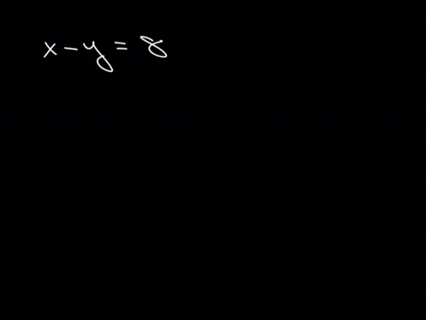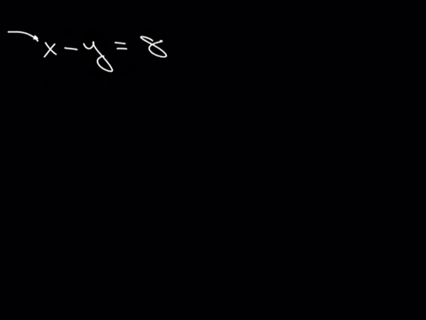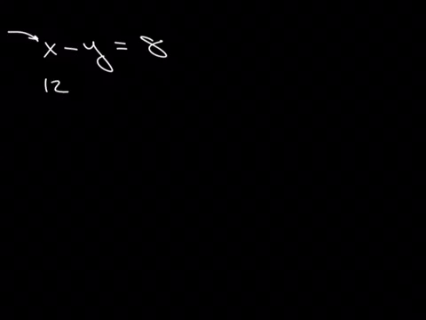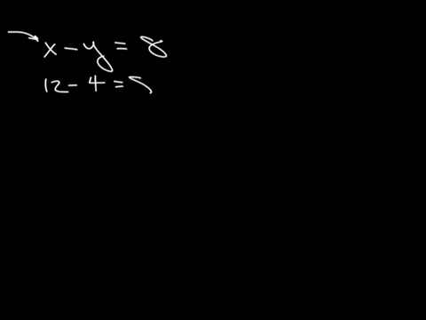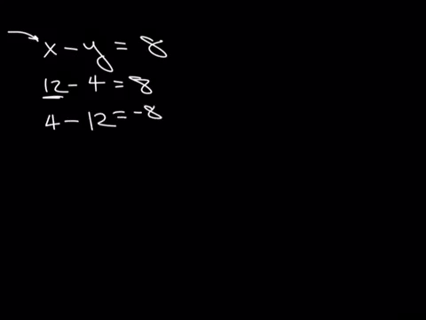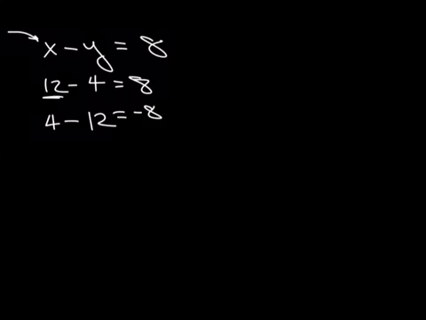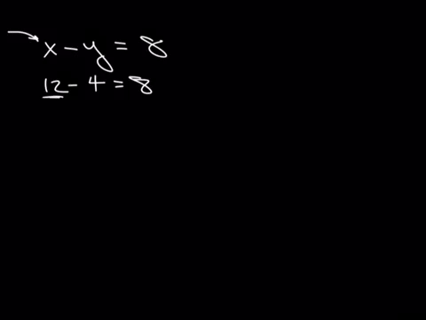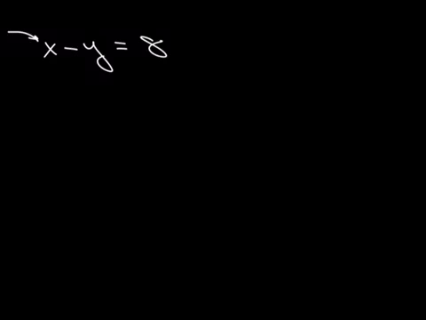If I made the second one larger, I'd get a negative answer, negative 8, but the difference is positive 8. So I need to make sure my first number is the larger one.